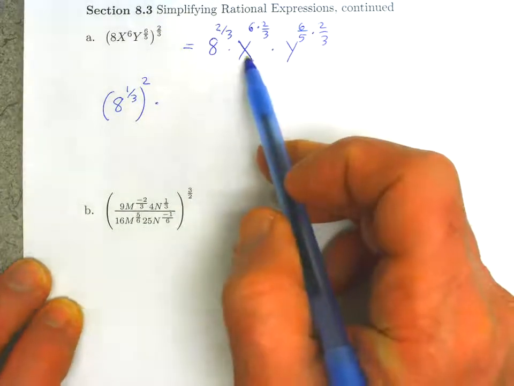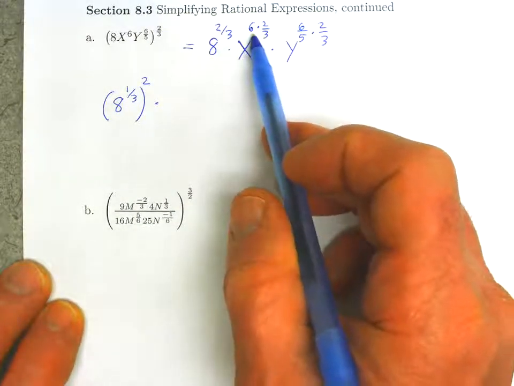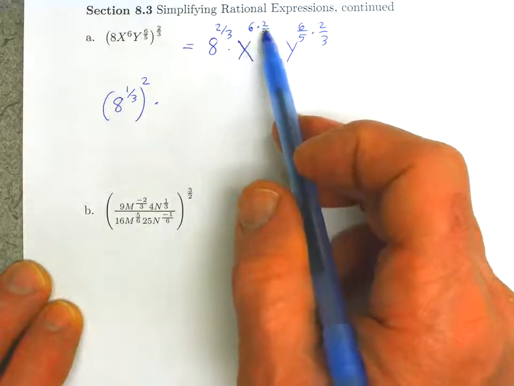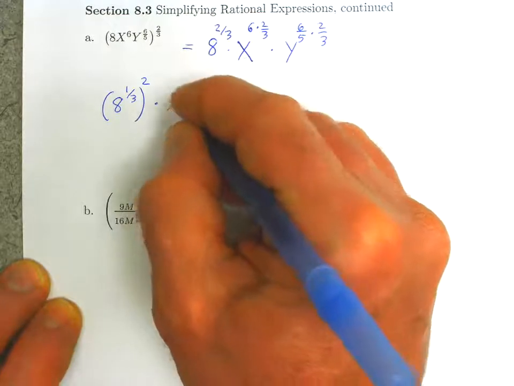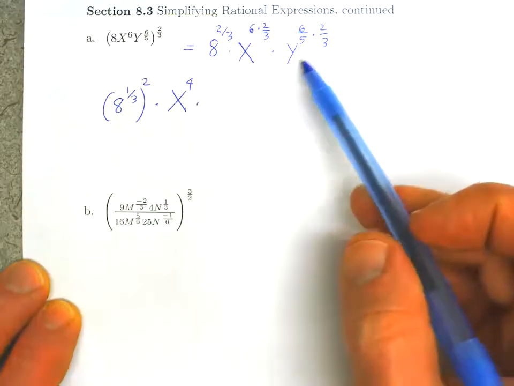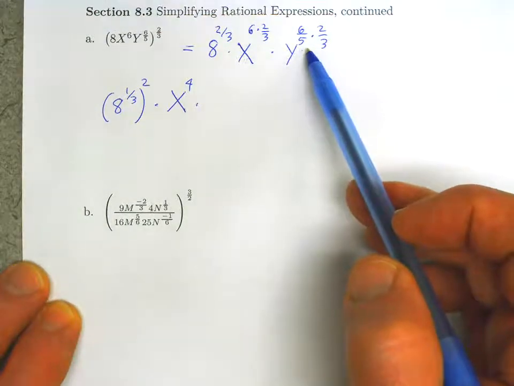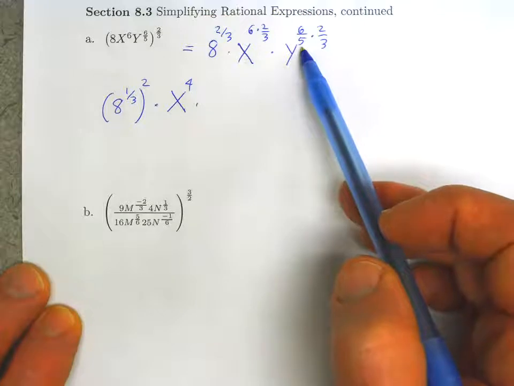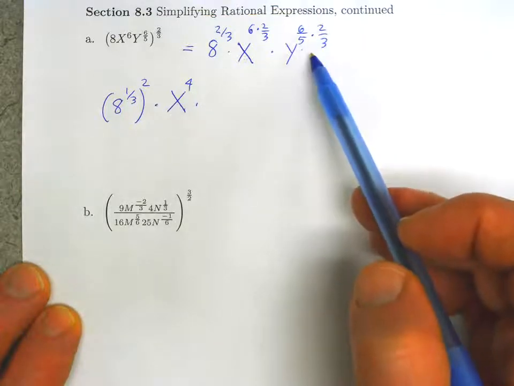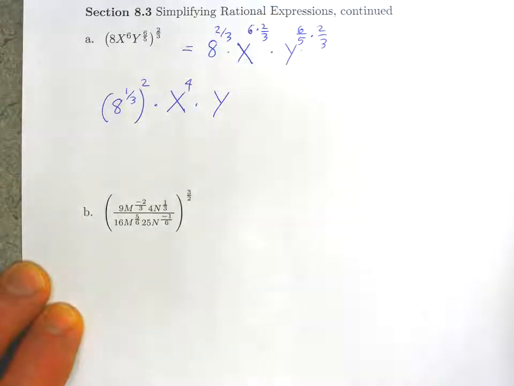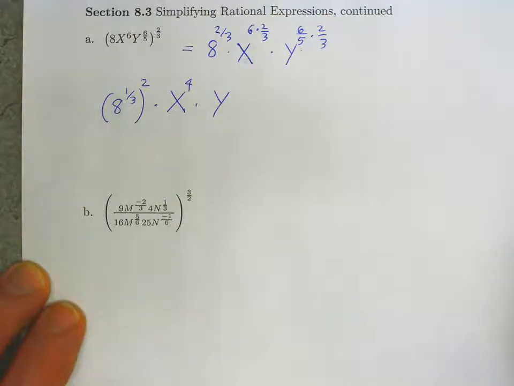And then we can simplify this, x to the 6 times 2/3, that's x to the 12 divided by 3, or x to the 4th. And then y to the 6/5 times 2/3, well, that's y to the 12/15, but 12/15 simplifies to 4/5.